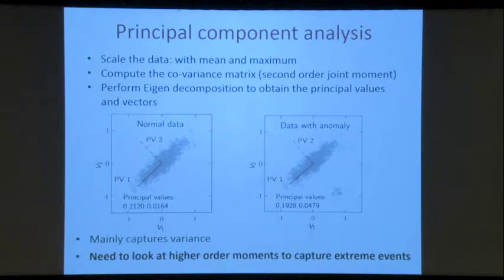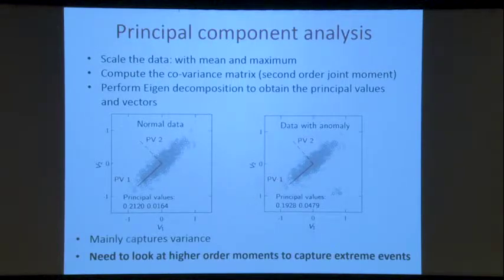If we then apply the same PCA analysis to the data with the little bit of anomaly in the corner, we see that indeed the principal values themselves change a little bit. It's 0.21 and 0.016 here, and it changes a bit on the right, but the direction of the vector doesn't really change. And so the current PCA analysis that we all do captures the variance extremely well, but it does not capture changes that we would need to detect anomalies.